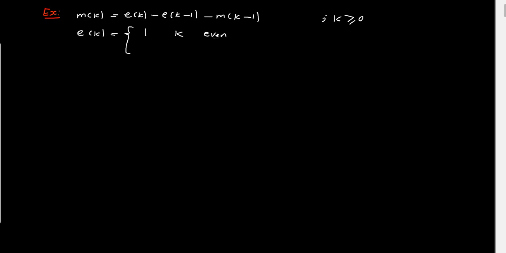Let's assume that we have m of k, which will equal e of k minus e of k minus 1 minus m of k minus 1, where k is greater than or equal to 0, where e of k is defined as 1 when k is even and 0 when k is odd.